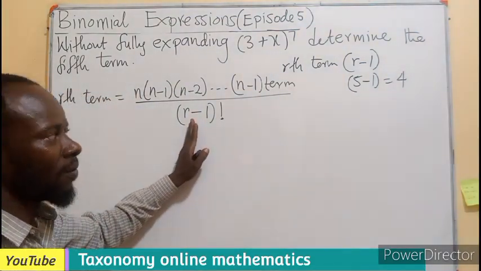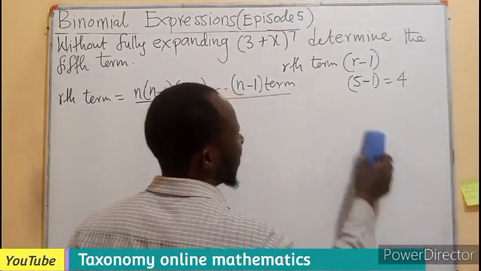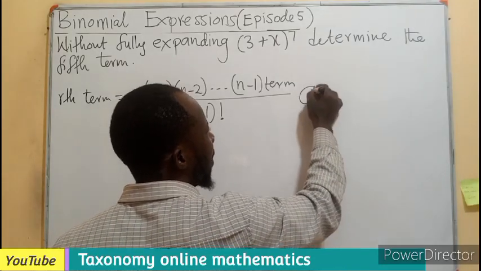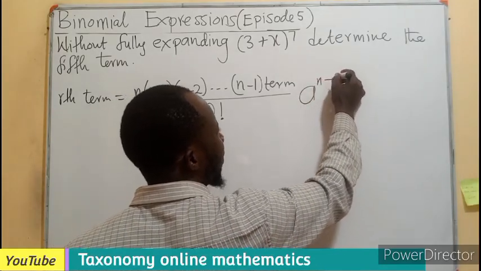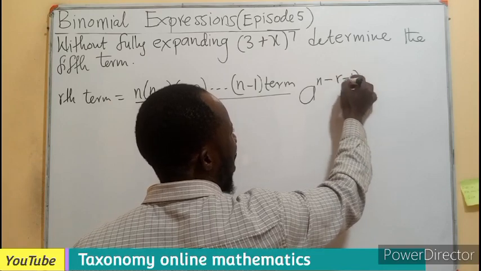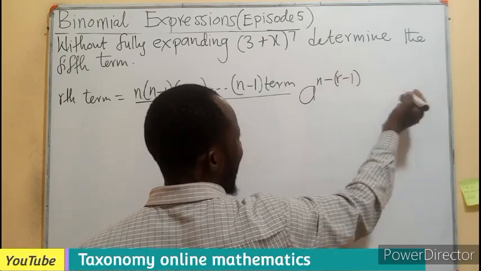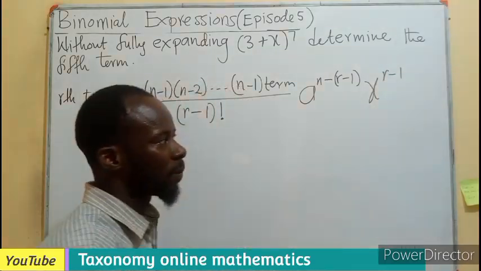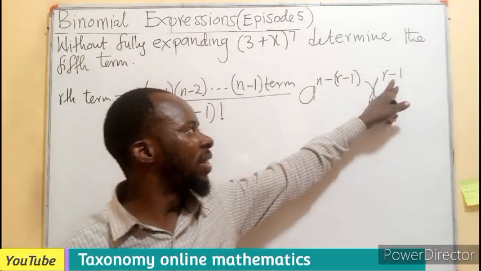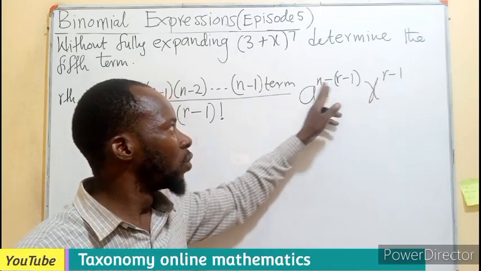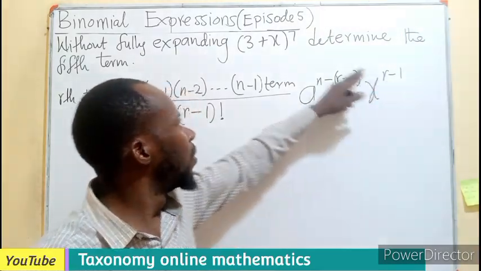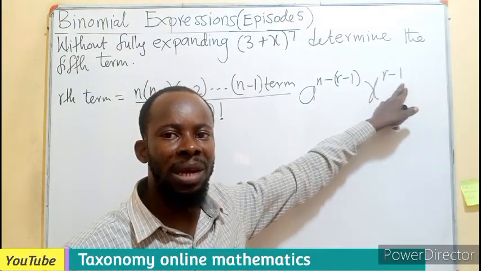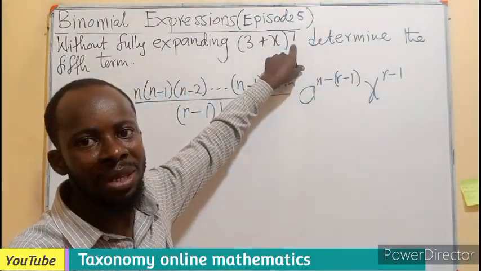So this is what we're going to have. The power of the first term will become a to the n minus (r minus 1). Then the second term, x, will have the power r minus 1. Don't forget that r minus 1 is the 4 that you're looking for. So this will be 3 because the power here plus this must give us the power in the question.